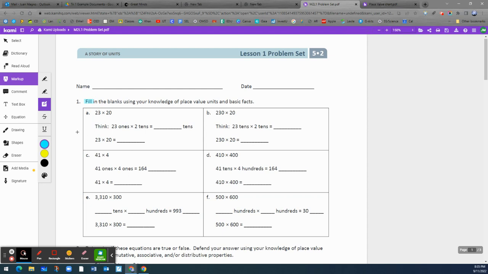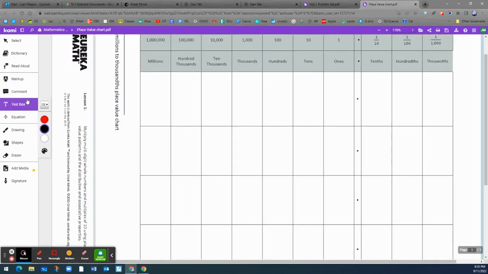As you can see, we have 23 times 20. And one thing they do is convert the two tens into 23 ones. Let me show you what happens here. They take the two tens and convert them into ones.